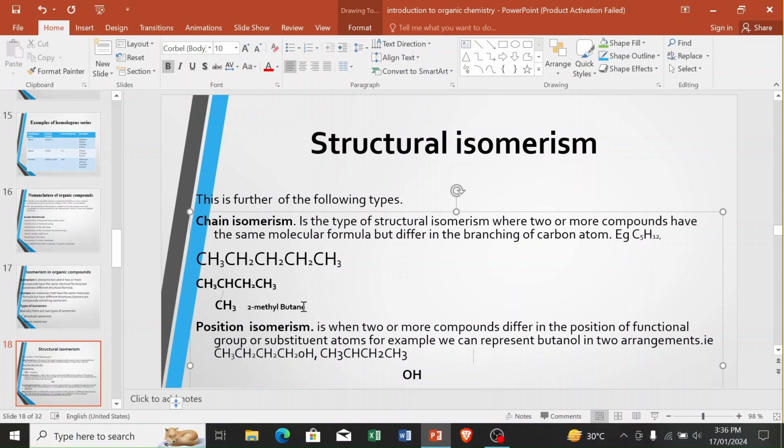We are referring to the previous slides talking about nomenclature. Position isomerism is when two or more compounds differ in the position of the functional group or substituent atoms. For example, we can represent butanol in two arrangements. Butanol, when we see OL, this belongs to the alcohols functional group, and those have the hydroxyl group, OH.